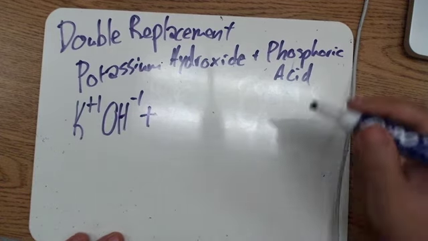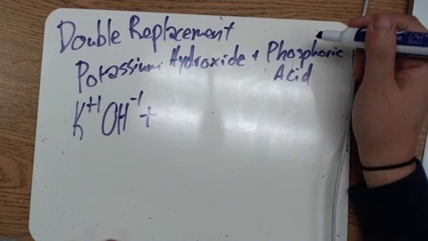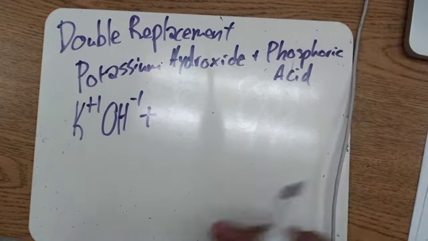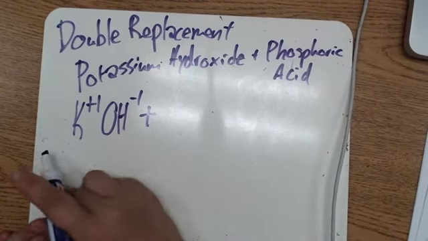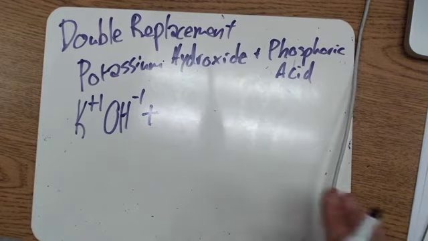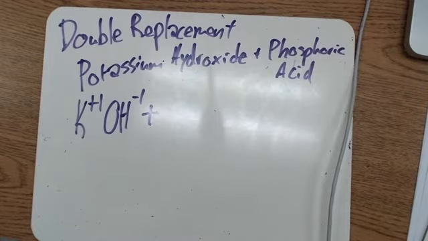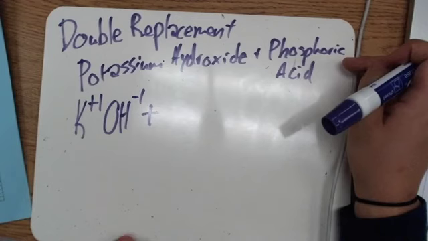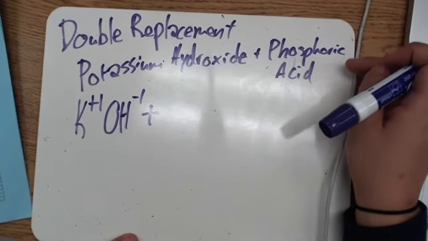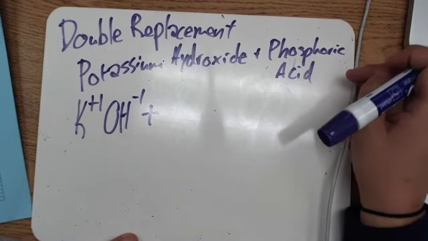Phosphoric acid, right? It doesn't start with hydro. And so if it has hydro, it is a binary acid. Because it doesn't have hydro in the front, I know that I need to look at my table here. So because it ends with ic, I ate something icky, so it's going to be phosphate.